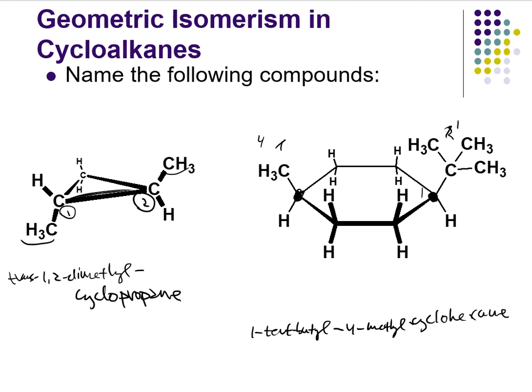And then I have cyclohexane. But they've drawn the shape to look at the side, to look at orientation. This one's pointed up. This one's also pointed up. And because of that, they're both in the same direction. So this would be cis. So this is a cis-1-tert-butyl-4-methylcyclohexane.